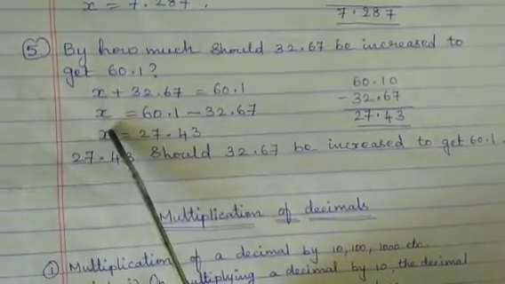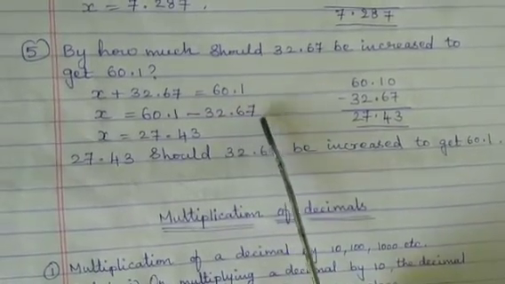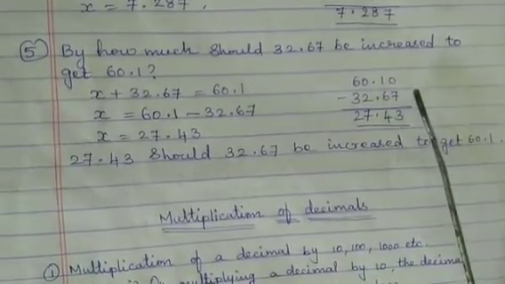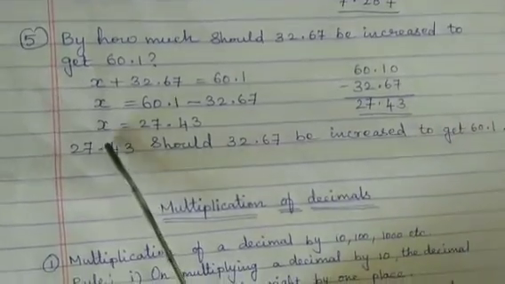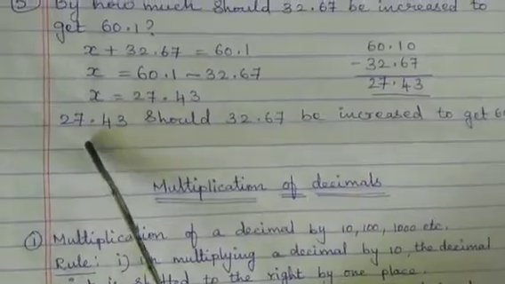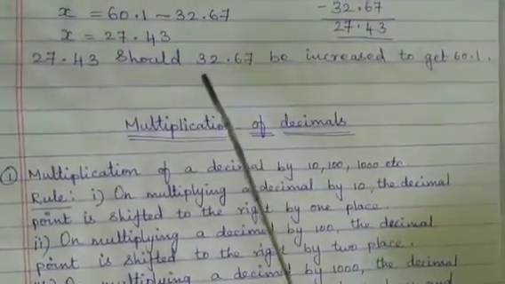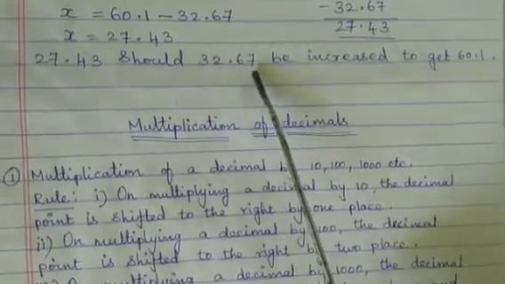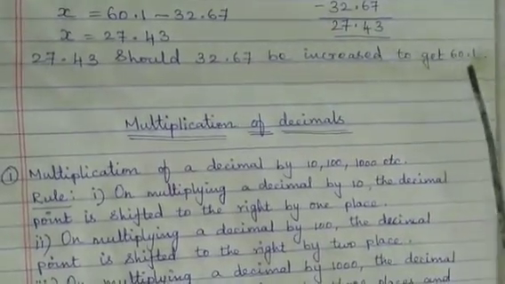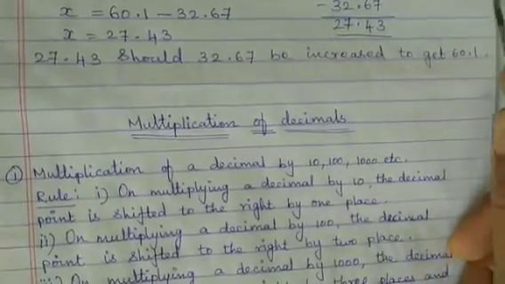So x is equal to 60.1 minus 32.67. Arrange it in a column and subtract it. The value of x is 27.43. So 27.43 should be added to 32.67 to get 60.1. This question is the same as question number 3.